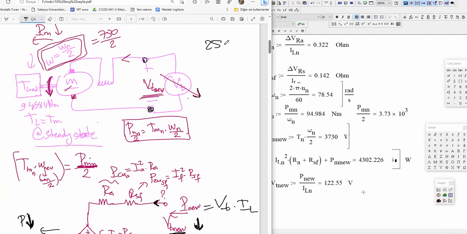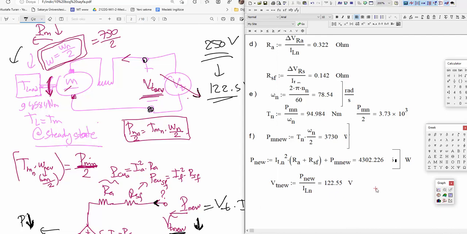Ladies and gentlemen, to manage speed change, you have adjusted terminal voltage. It was 250 volts in the beginning, and then to decrease speed down to its half value, you decrease terminal voltage down to 122.5 volts. It looks like half of its rated, but let's check it out. Half of terminal voltage is 125, but it is a bit smaller.